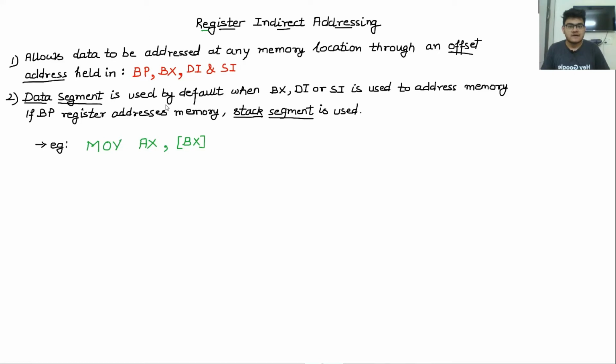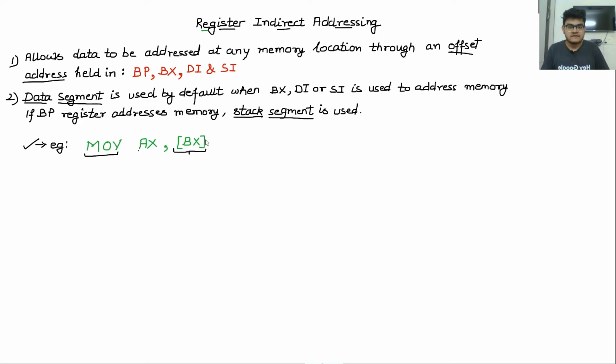So let's take an example of an instruction and study what register indirect addressing is. Now we will study the MOV instruction, which is basically used to move the contents from the source to the destination. Here we have the AX register, and here we have the offset address.